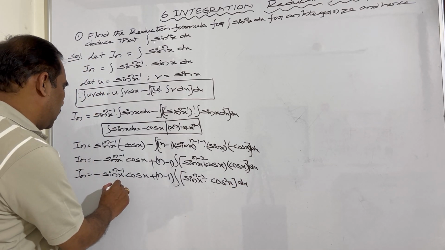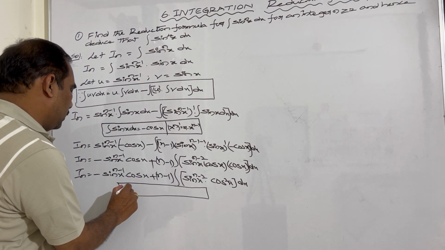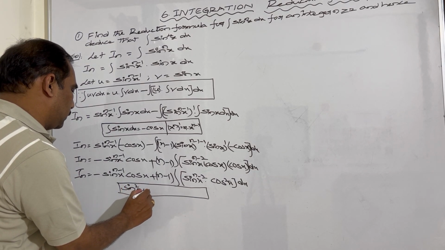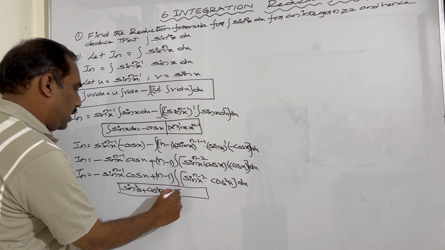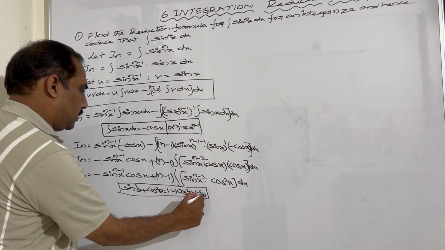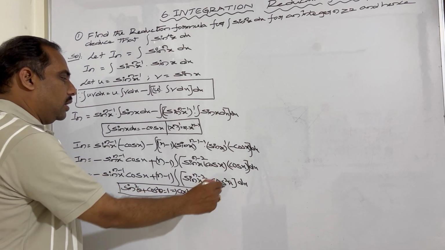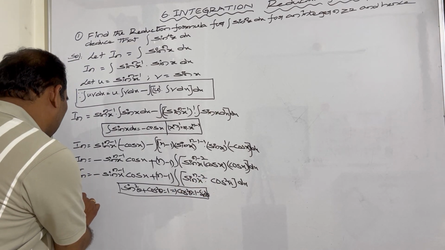We have the identity sin square theta plus cos square theta is equal to 1. From this we can write cos square theta is equal to 1 minus sin square theta. That's why this cos square x is replaced by 1 minus sin square x.